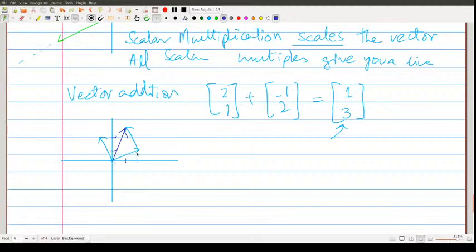I was 2 in the horizontal direction, subtracted 1, so I was at 1 in the horizontal direction. And I was 1 in the vertical direction with the first vector, and I added 2 more, so I got 3 in the vertical direction.